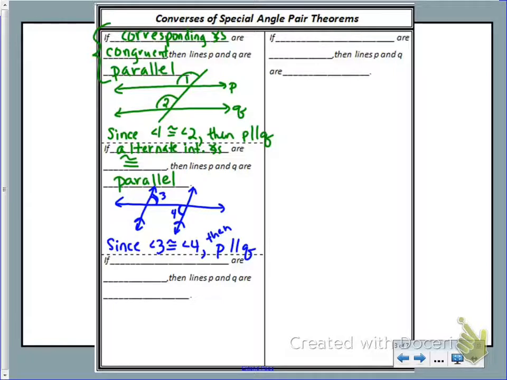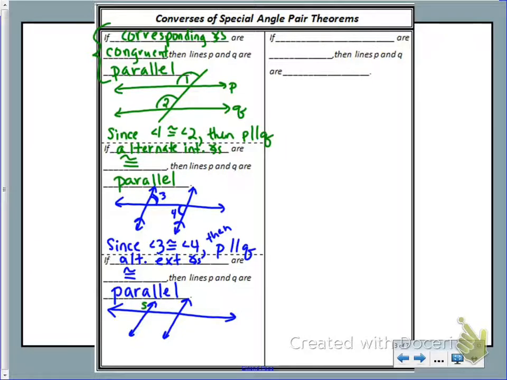And the last relationship we're going to talk about with congruency is if the alternate exterior angles are congruent, then lines P and Q are parallel. So in the previous video, we learned that parallel lines created the congruent angle relationships. Now we're looking at the converse, which is kind of confusing because at first glance, it looks like the exact same information. But it's really not.